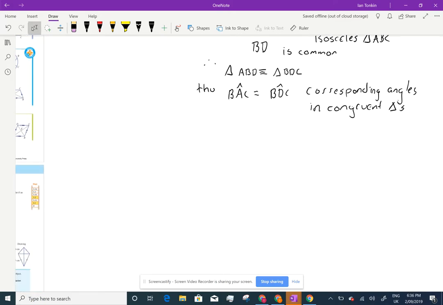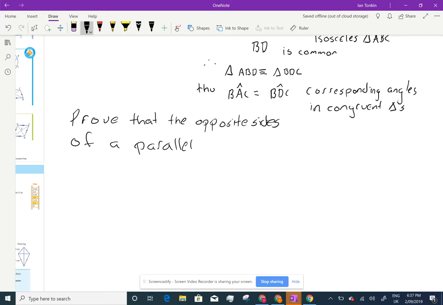So what we need to do is prove that the opposite sides of a parallelogram are equal.